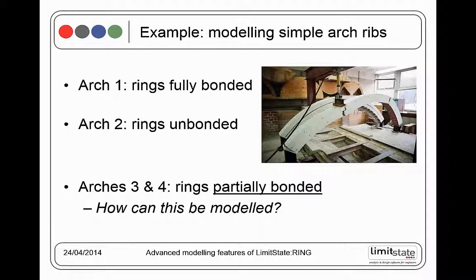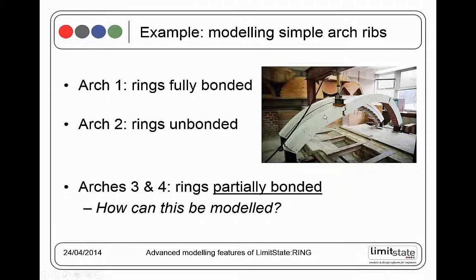Some years ago I was involved in some research in this field, and part of that research involved testing very simple 3-meter span arch ribs with various different inter-ring bonding configurations.